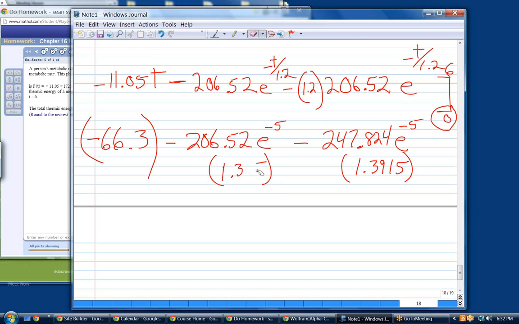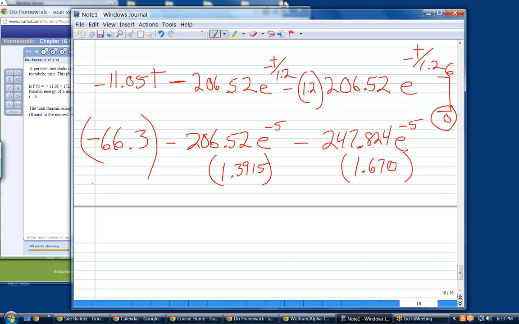Okay. I haven't done it right yet. So this is 3915, okay. This should be a little bit bigger. And then I actually multiplied that by negative 66.3. You don't want to do that. I already multiplied this by the 6. Okay, so then now the negative 247.824 e to the negative 5th equals negative 1.670.